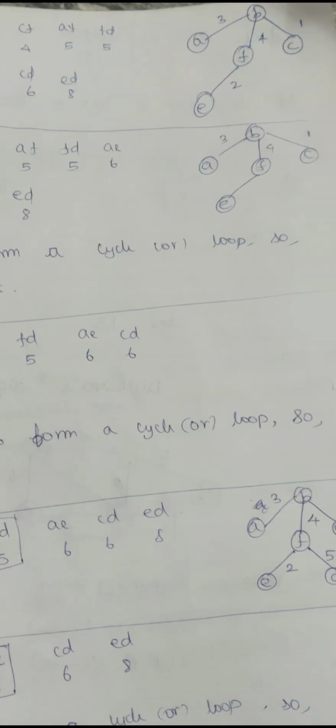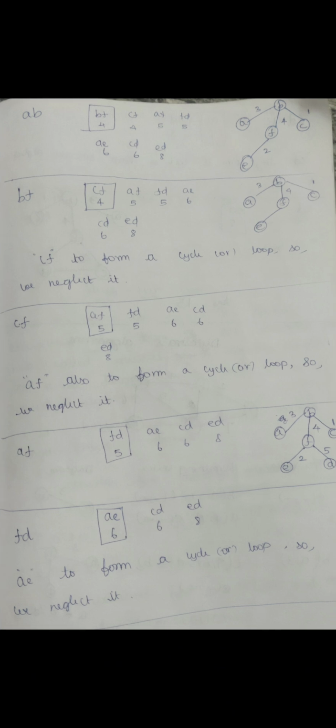Then after that, AF has weight 5. AF also forms a cycle, A to F forms a loop, so we do not take it and neglect it.